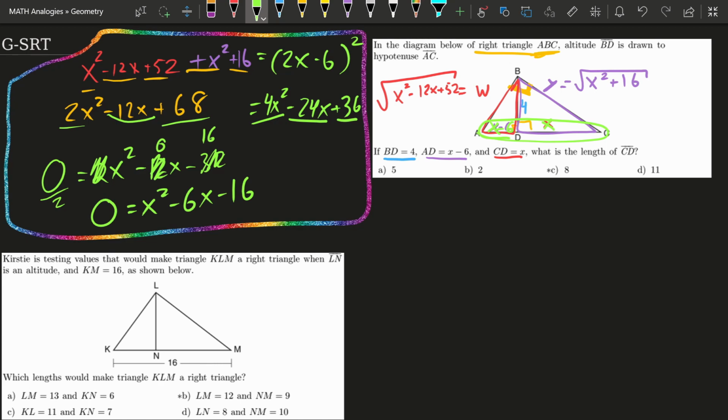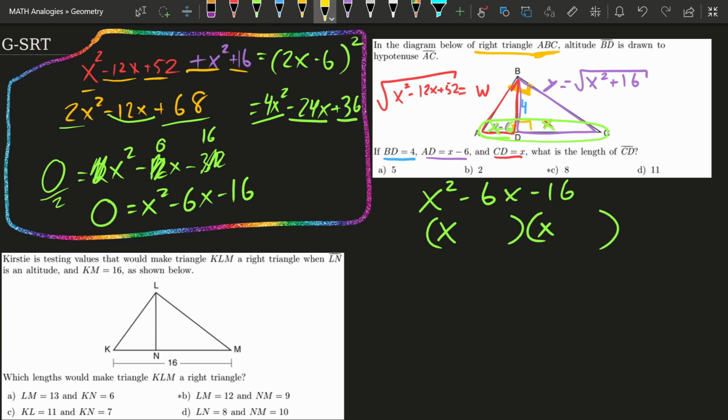Now perhaps we can even FOIL that, or factor it. So let's do x squared minus 6x minus 16 and open up a set of parentheses loaded in the fronts with x's.